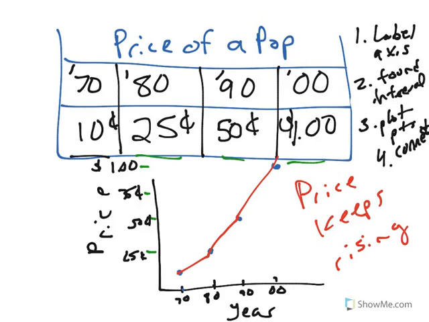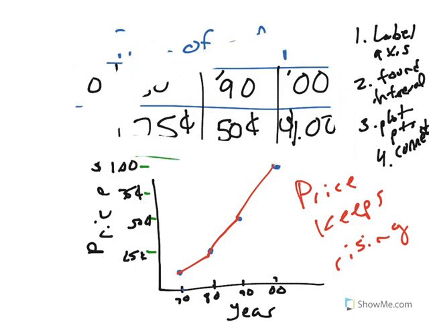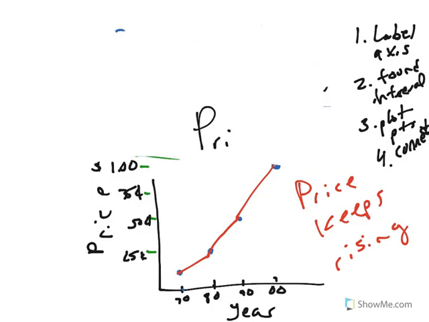And obviously at the top of this, what we're going to write is our label. You always have to have a title for the graph, so make sure you do that. So a good title of this, I'm measuring price of pop, so all I'm going to do is write price of pop.